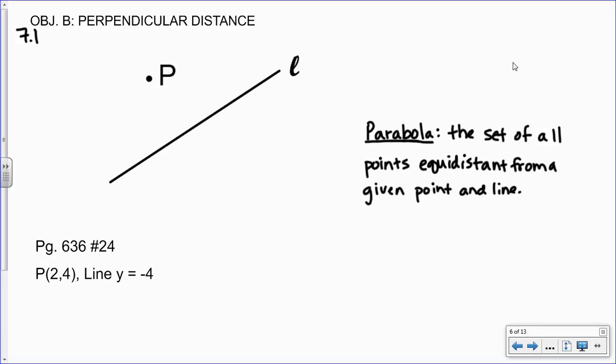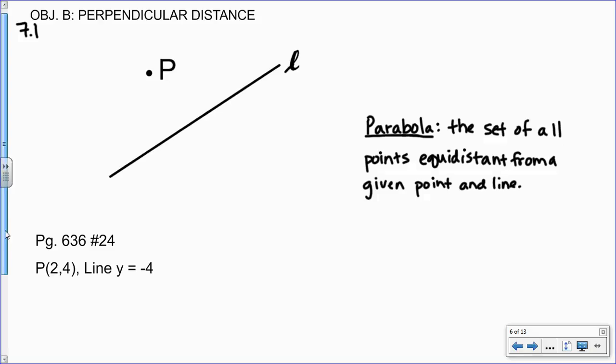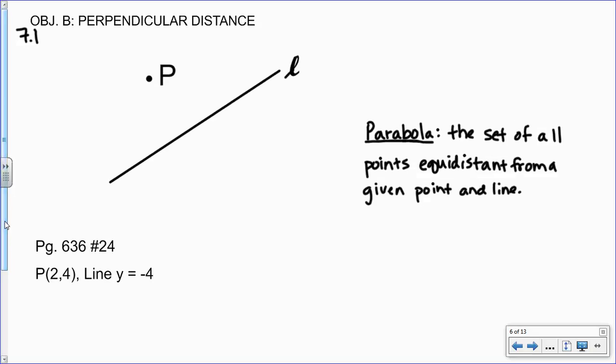So, I have this point P and this line L. Then a parabola is the set of all points, so this whole thing here, where each point on the parabola is equidistant from the point and the line.